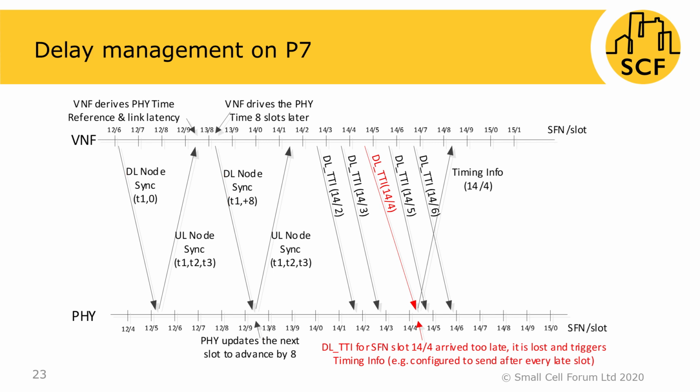As a consequence, the FI triggers a timing info report back to the VNF to let the VNF know of the late arrival of the downlink TTI message. So then the VNF can take appropriate action to make sure that the receive window is sized appropriately, as well as targeted appropriately, as well as the transmit window at the VNF side. The timing info report can also be periodic, not just event triggered, based on configuration.